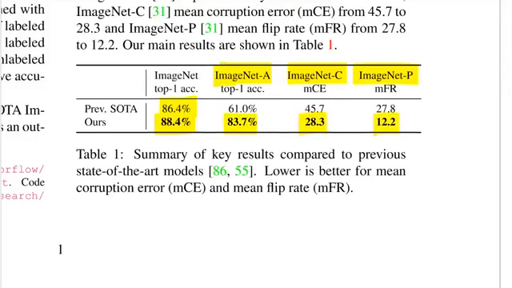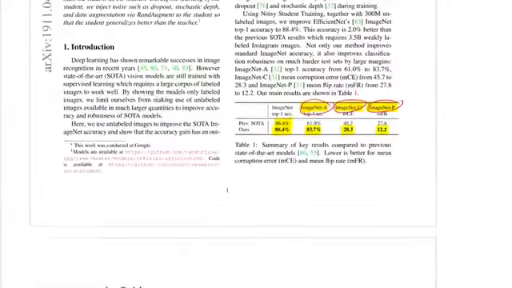We'll go into what these corrupted subsets are, but for now, these here are very difficult variants of ImageNet. They can be severely corrupted or distorted and so on. And you can see that the model improves severely over the previous state of the art, which basically means that this model is more robust. And that's a direct consequence of the noise.